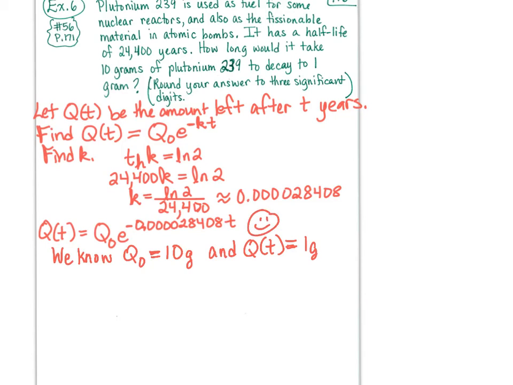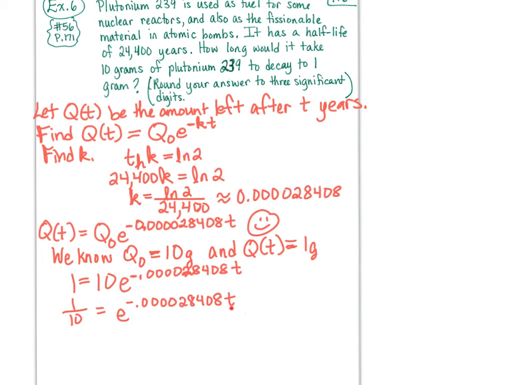So we get 1, because that's Q of T, is equal to 10, which is Q naught, we're substituting in here, e raised to the negative 0.000028408 T. Okay, now we divide both sides by 10, we get 1/10 is equal to e raised to the negative 0.000028408t.